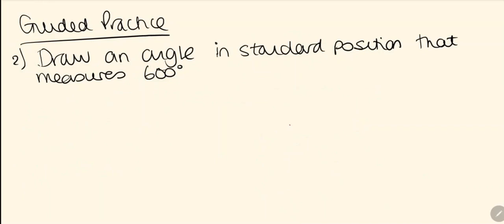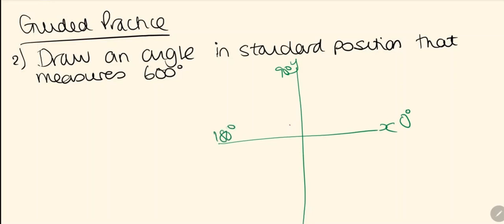So guided practice number 2, draw an angle in standard position that has a measure of 600 degrees. The first thing I'm going to do, I'm going to draw my axes and fill in the degrees. Now we're going to look at this number. 600 degrees. Now we need to subtract 360 and that's going to leave us with 240.